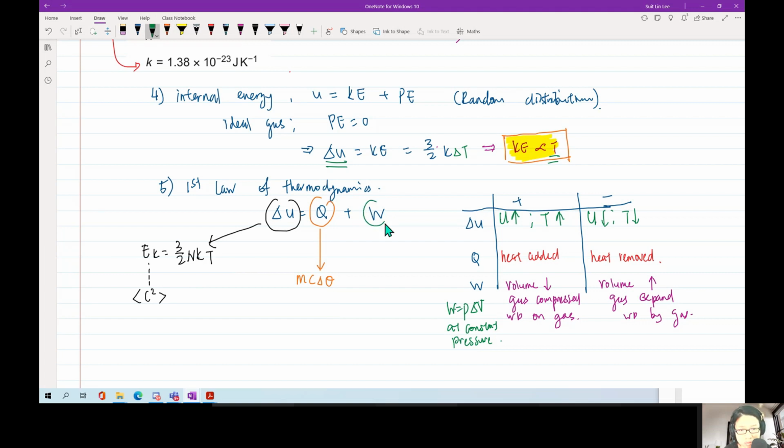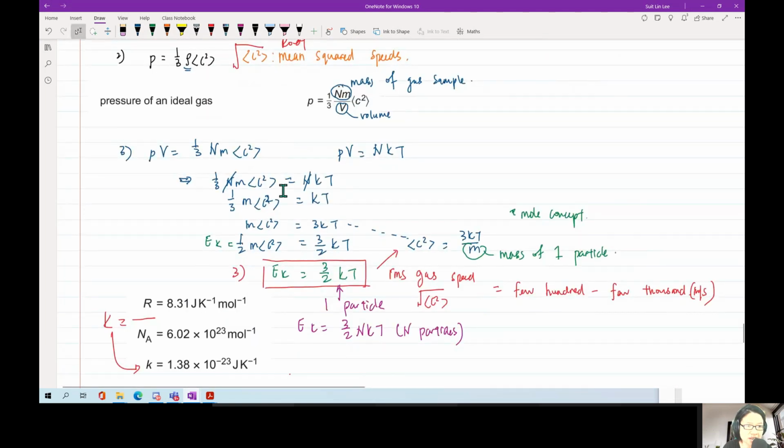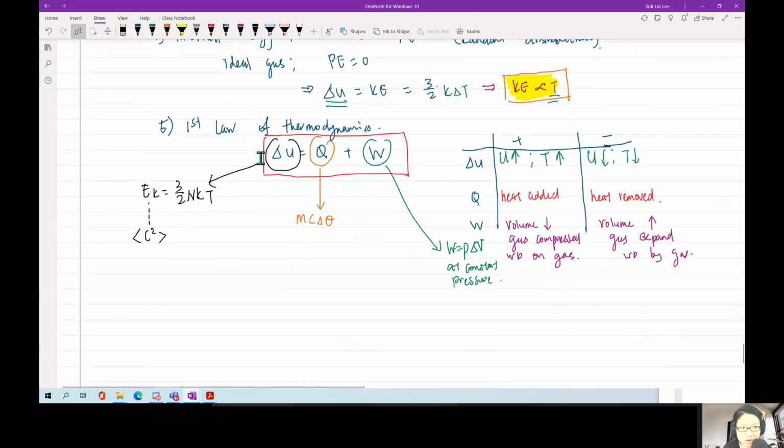This W can be P delta V. Meaning to say, this equation is central. It can travel to many locations or come from many places. We can insert the first law of thermodynamics into many parts of this story. PV is nRT, NKT, the rho c square, all these can. You see the connection, you can adjust accordingly.